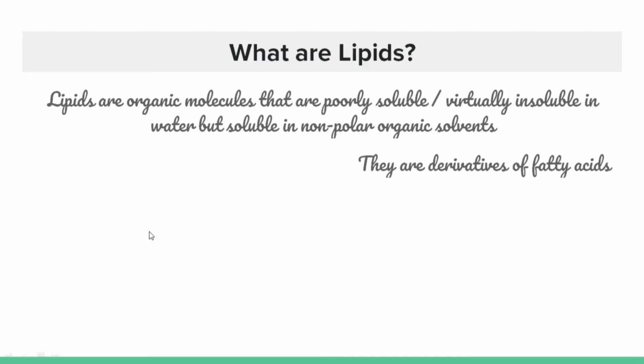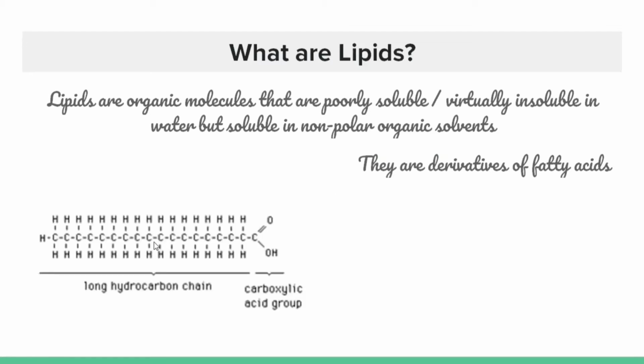Fatty acids are carboxylic acids with a long hydrocarbon chain. Length is determined by carbon number, which can range from 4 to 36. These chains can have single bond or double bond or triple bond. If they are having single bonds, these are known as saturated hydrocarbon chains.